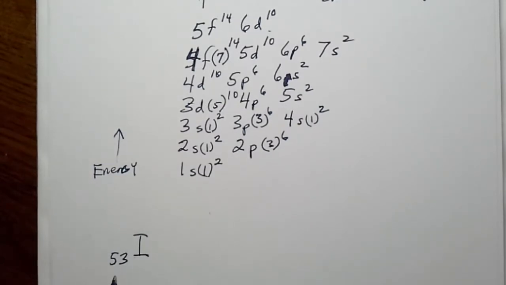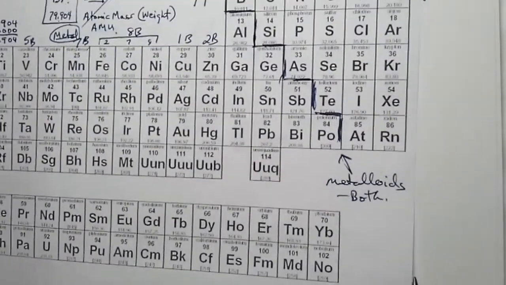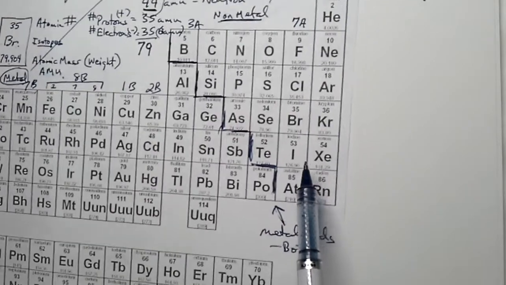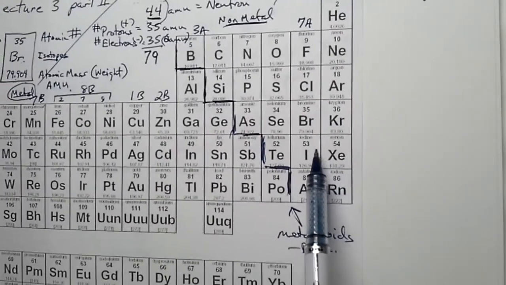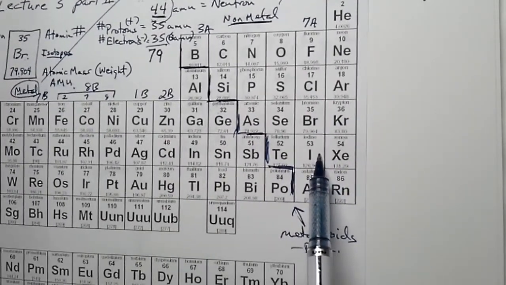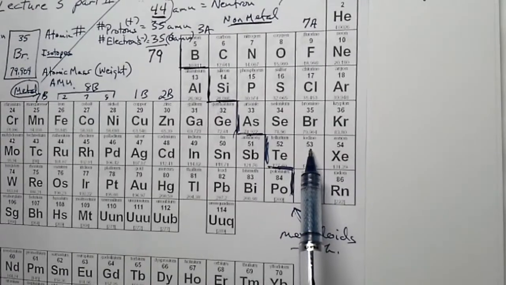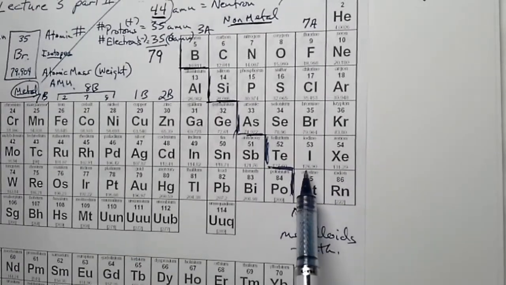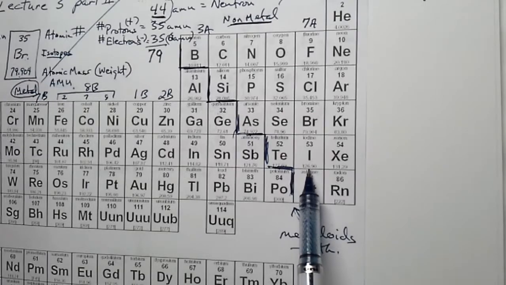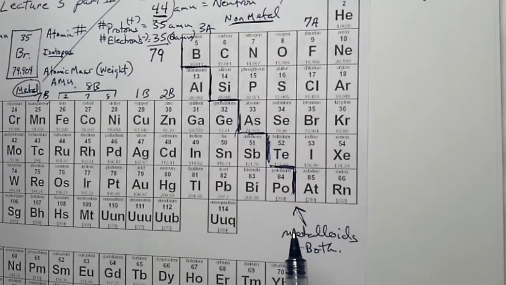Let's see, do I have one here? Yeah, I have one. Okay. Iodine is one of the 7A groups, the halogens, and its atomic number is 53. Its atomic weight is 126.90.